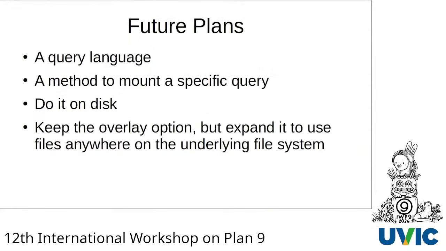So future plans, now that I have a rudimentary thing working, is some sort of query language. The BeOS one was very kind of C-like, you know, use ands and pipes and stuff like that. A lot of people have asked, like, do SQL, and I'm like, no, I don't have that much longer to live. But yeah, something.